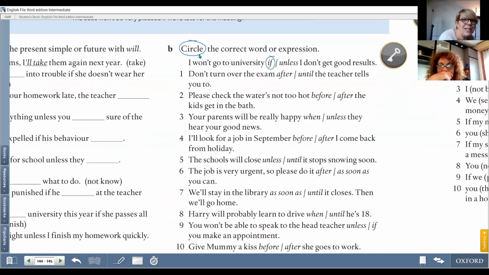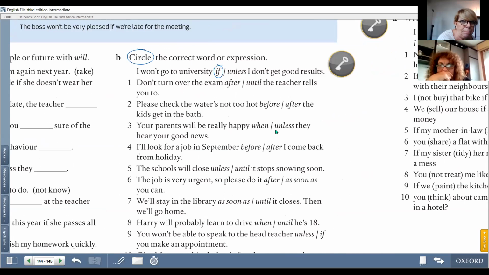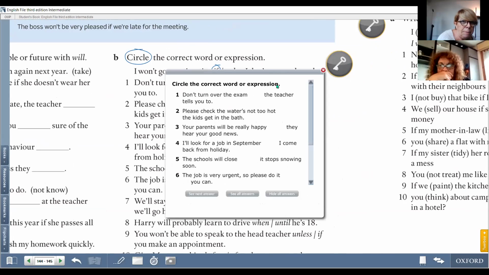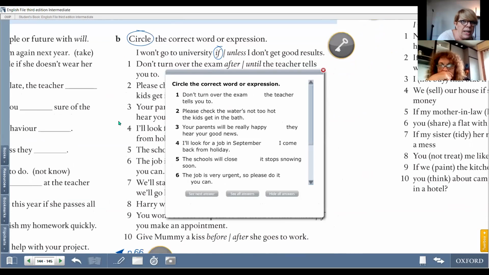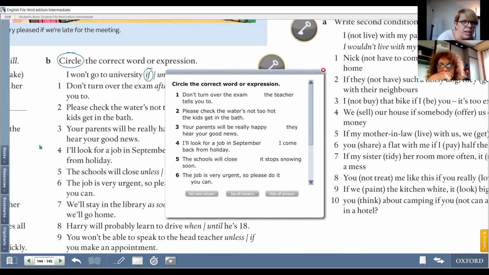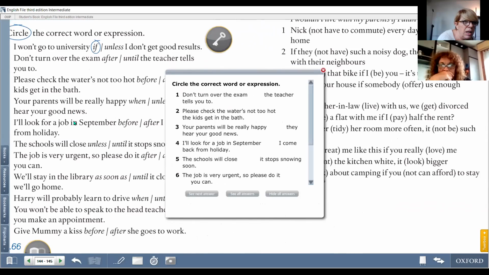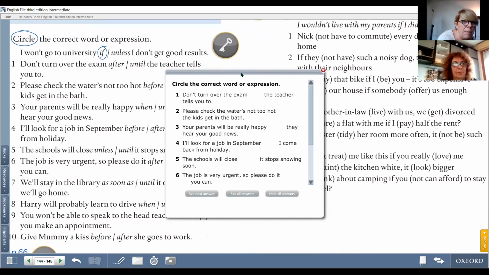Let's try to do this. Circle the correct word or expression. I won't go to university if I don't get good results.